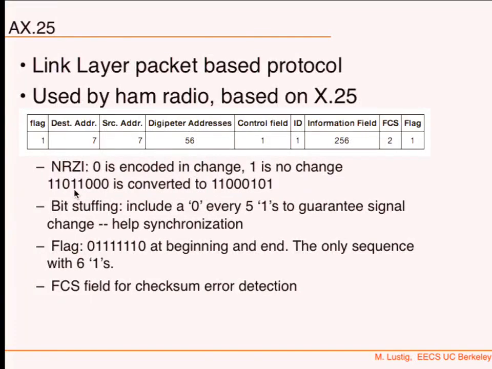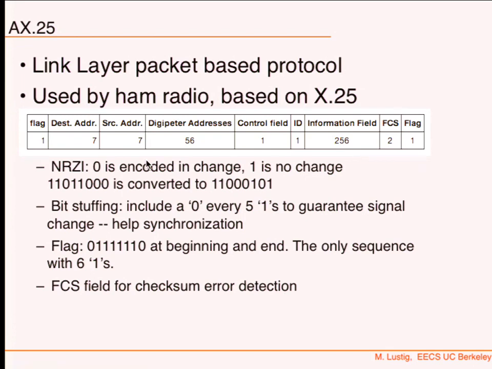It's not encoded in NRZ. It's encoded in NRZI, non-return to 0 inverted. That means that a 0 bit is encoded as a change between mark and space, and a 1 bit is encoded by no change. So if you're mark to mark, that means it's a 1. If you go mark to space, that means it's a 0. If you go space to mark, that means it's a 0 too.